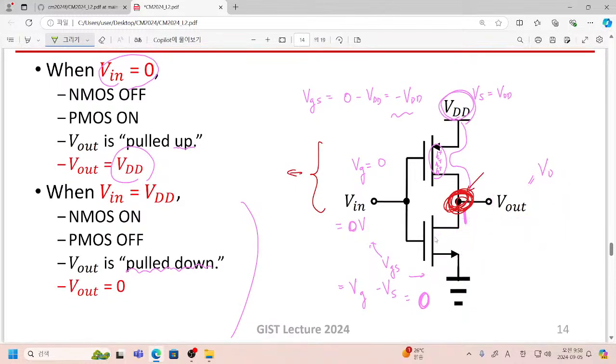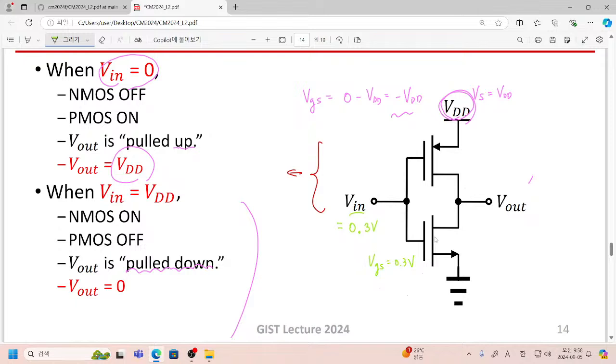let's think about this case. Let me give you a concrete number. For example, let's say that your input happens to be 0.3 volt. Then what will happen? In this case, the gate to source voltage will be 0.3 volt for your NMOSFET, and your NMOSFET is completely in the cutoff region.